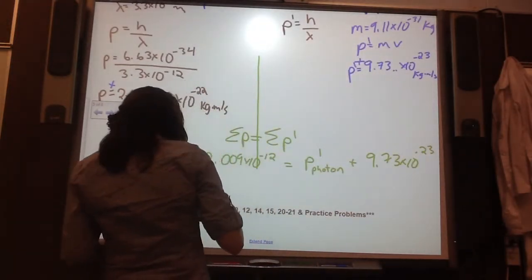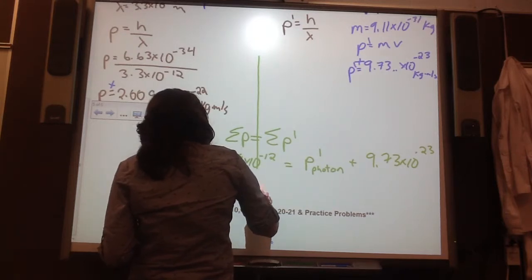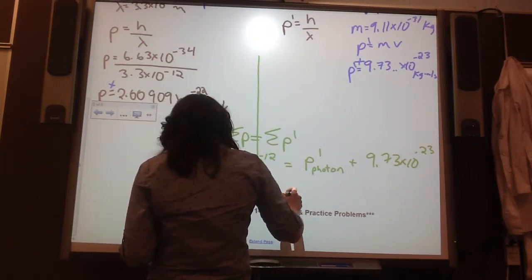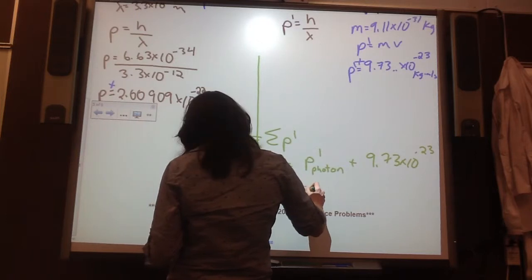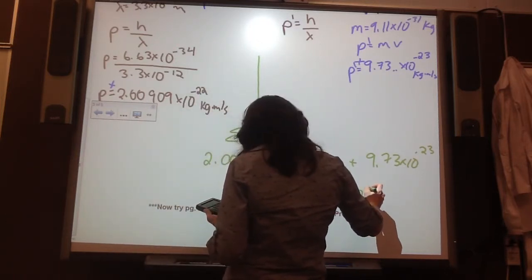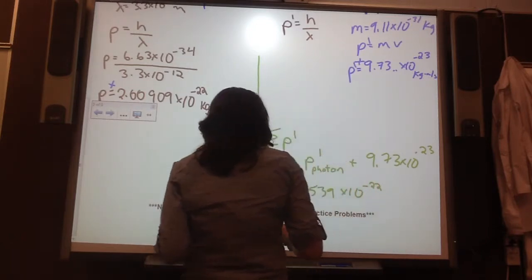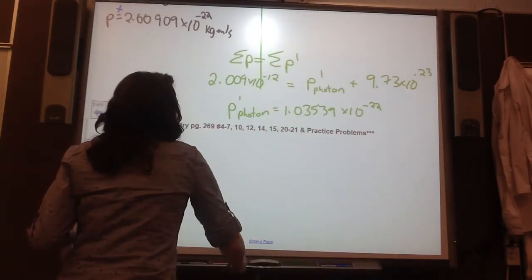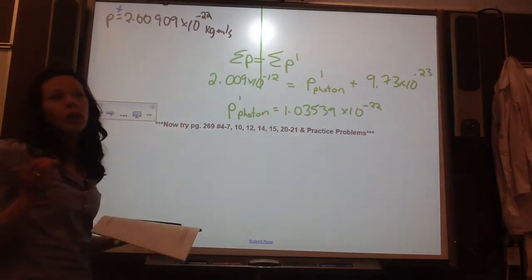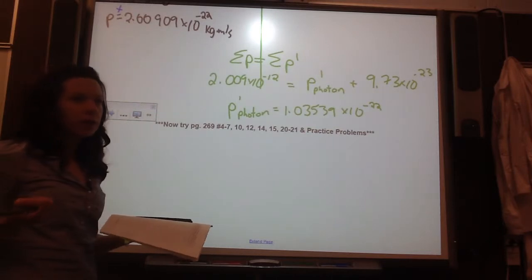So then our P of our photon should be 1.03539 times 10 to the negative 22. But we are asked to find its wavelength. Now since we found its momentum, we can do that.